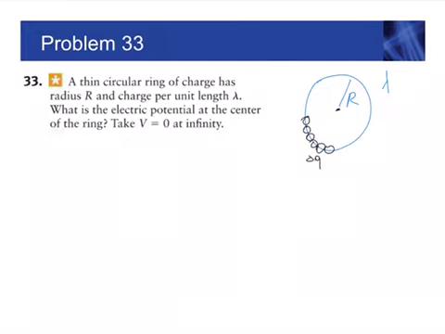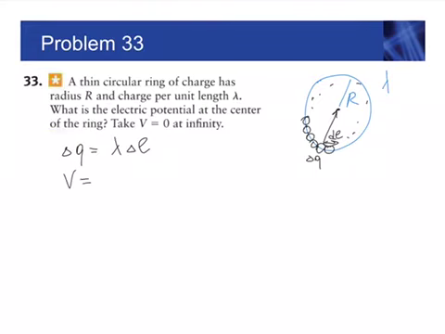Then find the electric potential at the center due to a single charge and add them all up. Delta Q is equal to charge per unit length times delta L. Delta L is a little tiny length for every charge all around the ring.